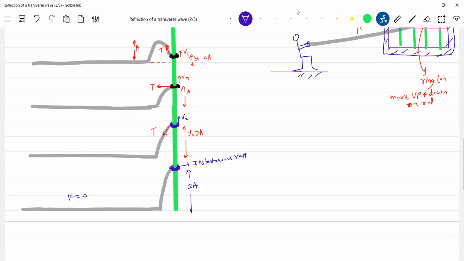All the points on the string will be at rest. Kinetic energy will be 0. The total potential energy will be 2U. I'll write it here, the potential energy.